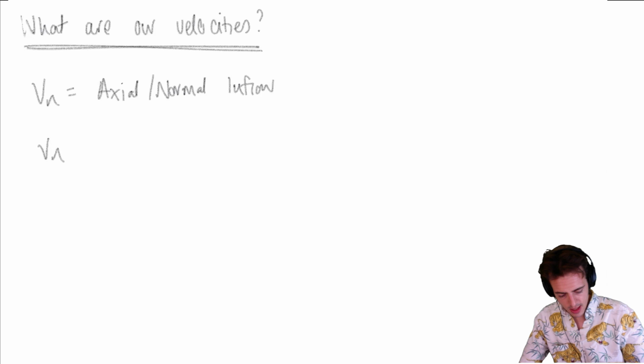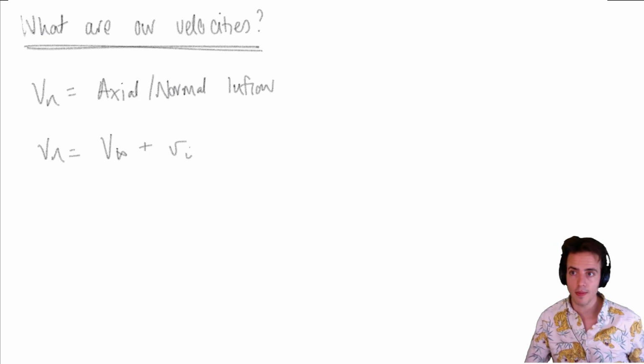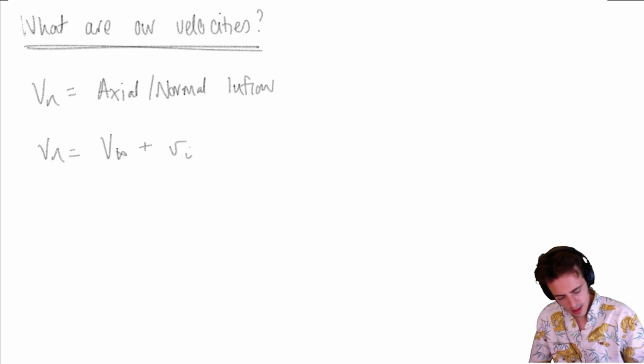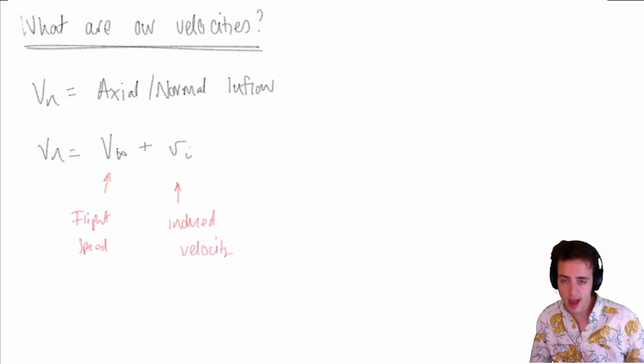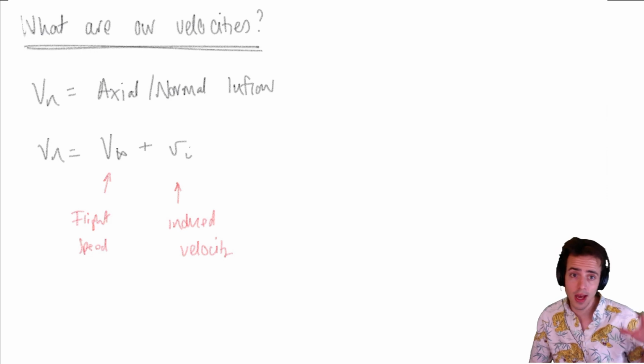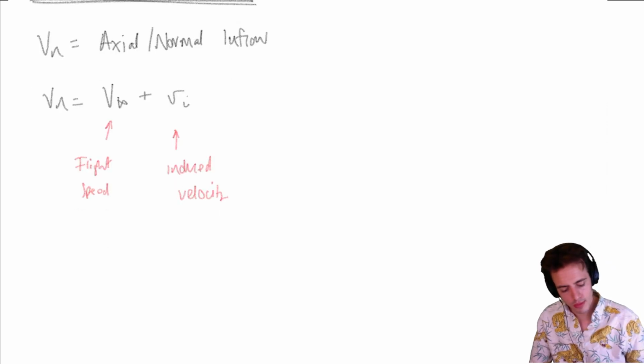We'll say Vn is equal to V infinity plus Vi. This is the flight speed, and this is the induced velocity, which is the bit that we haven't calculated yet, we haven't got a model for it, but this is the increment added due to the propeller. It's the way that it's blowing.